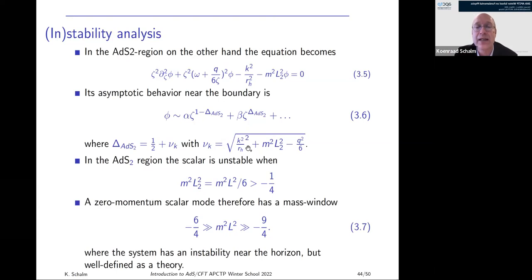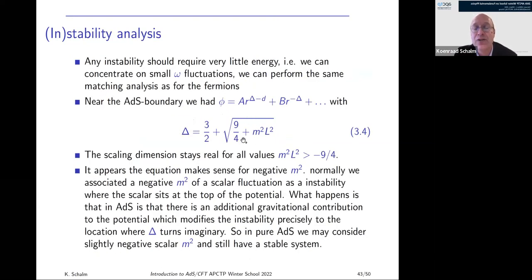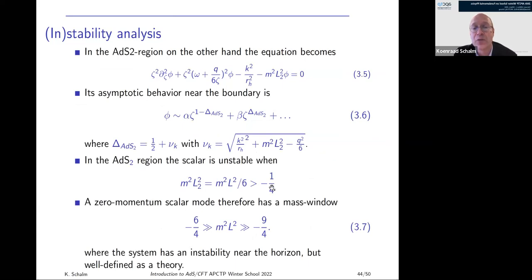So what you should do here is near AdS2, the correct scaling dimension, this nu, should have this object here, and you should realize that this 9 is nothing more than the AdS (d-1)², right? So for AdS2, this becomes 1², and that's this 1/4. And this 6 comes from the fact that it's now the m² in units of the AdS2 radius.